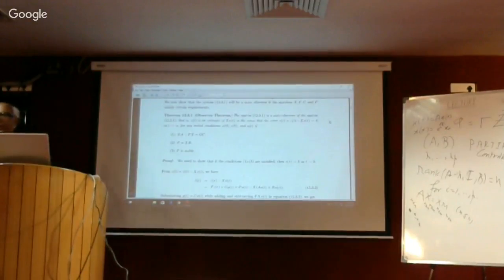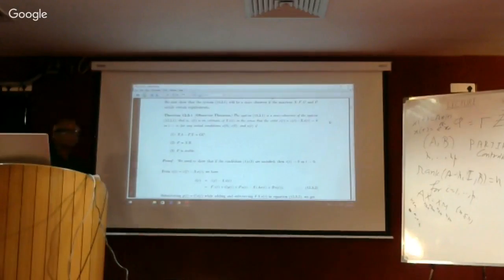Now, this looks like a Sylvester equation, but actually it's a Sylvester equation of a different kind. Because here, what are the unknowns and what are the knowns in this equation? F has been chosen. If you keep F as unknown also, what is given to you?